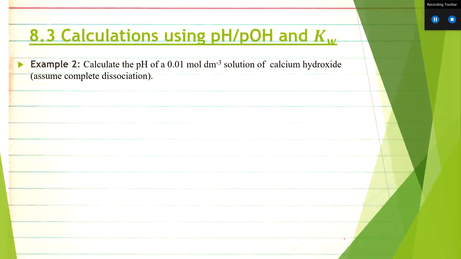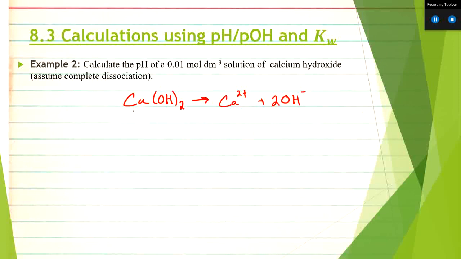Okay, so the last example here: calculate the pH of a 0.1 molar solution of calcium hydroxide, assuming complete dissociation. Before we start this one, since we're not given the concentration of anything directly, let's start with writing our dissociation equation. Calcium hydroxide is Ca(OH)2. We're assuming complete dissociation in water, so that's going to become Ca 2 plus and 2 OH minus.